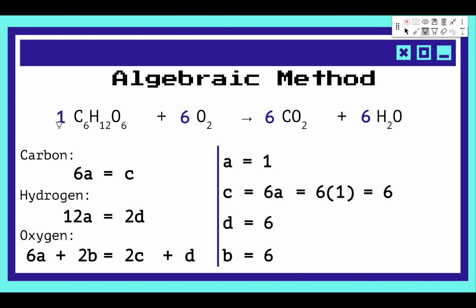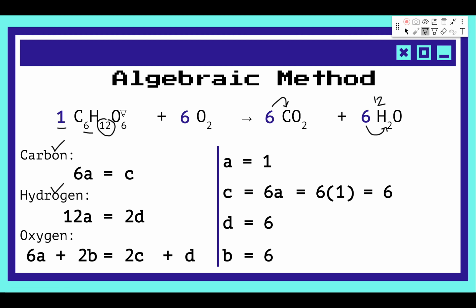Take note that we don't write 1 here. Okay? Now let's check. I have 6 here and 6 here. So the carbon atoms are balanced. Now hydrogen, I have 12. I have 6 times 2, 12. So hydrogen is balanced.